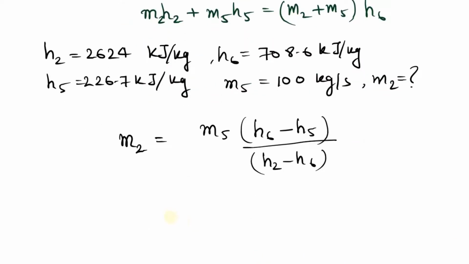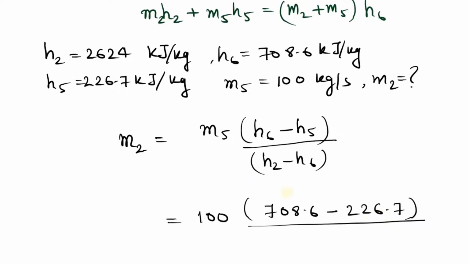We can just substitute the values here. This is 100, H6 in the problem is given as 708.6 minus H5 is 226.7, whole divided by H2, that is 2624 minus 708.6.